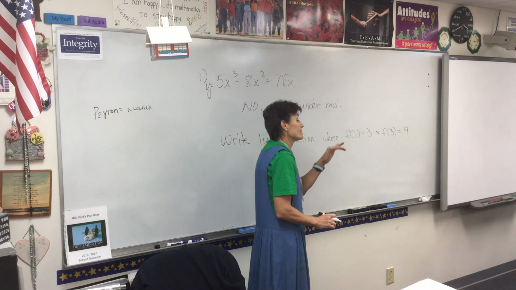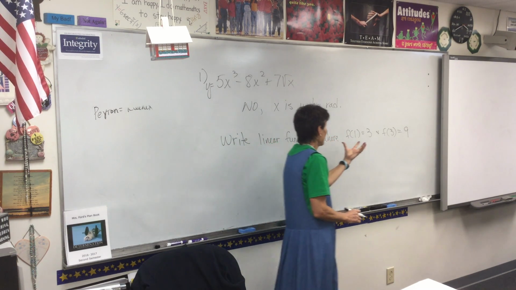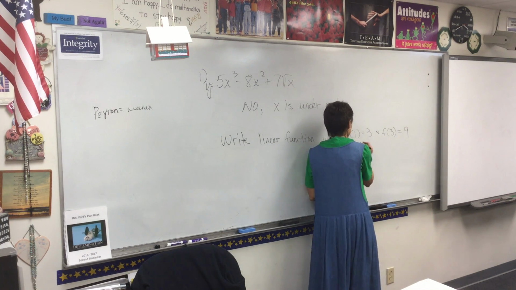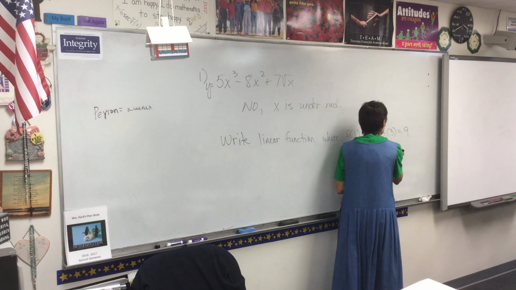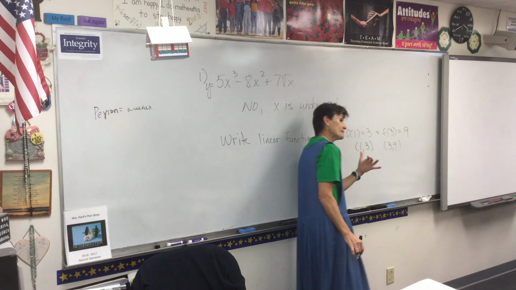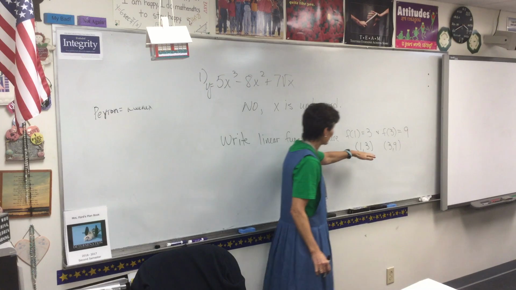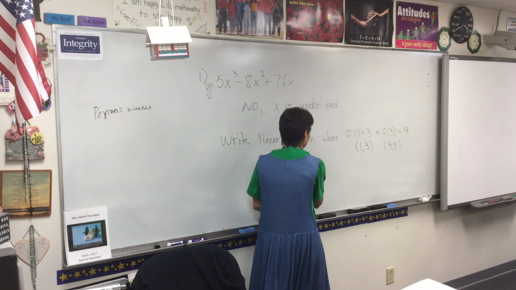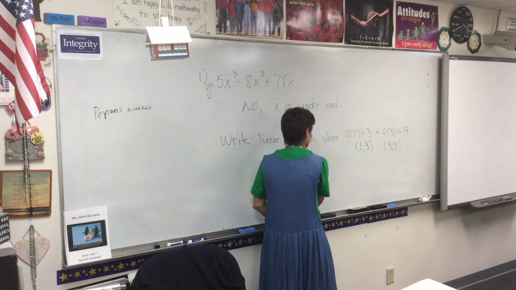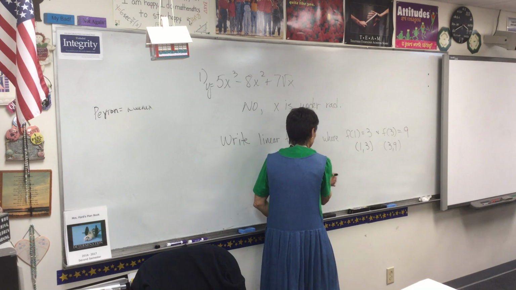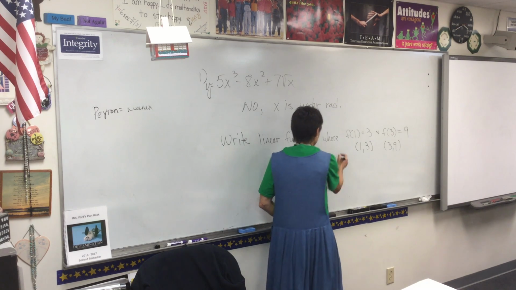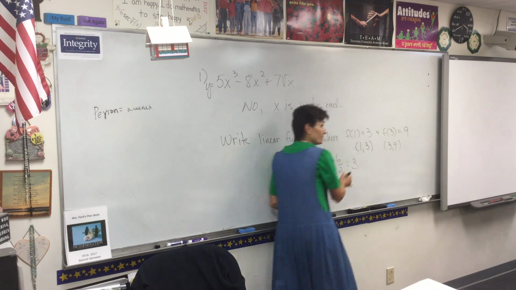We remember that this just represents ordered pairs, right? So this is 1, 3 and 3, 9. So when she said find the slope, she's recognizing these are points. So the slope would be 9 minus 3 over 3 minus 1, which is 6 over 2 or 3.